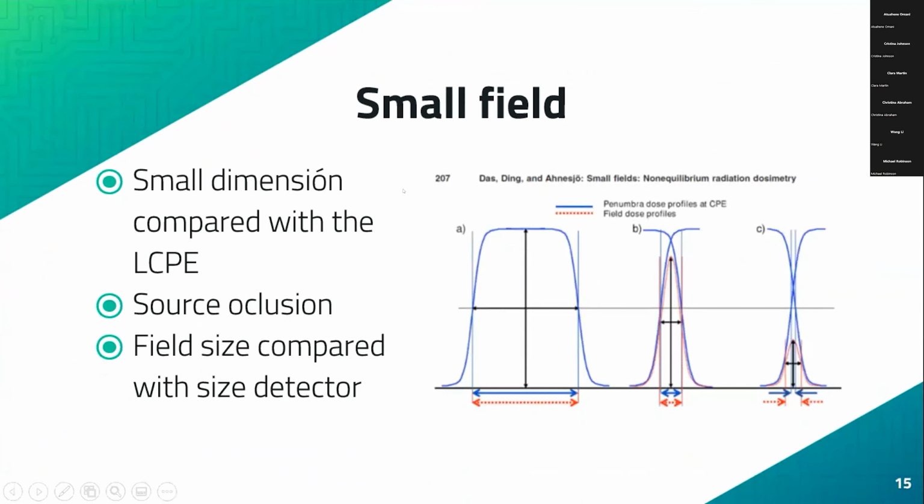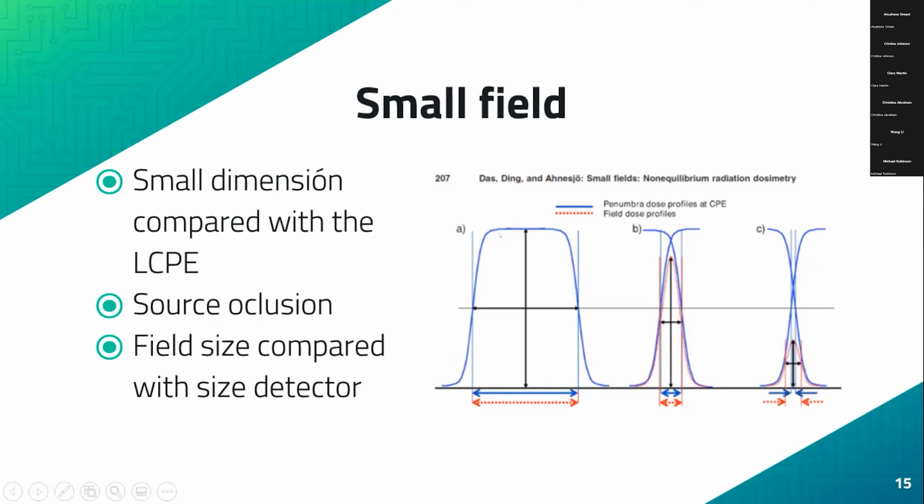We consider a field small if its dimension is comparable to the range of charged particles, the lateral charged particle equilibrium, when we have ionizing radiation, or if we observe source occlusion, or if the field size is comparable with the size of the detector.